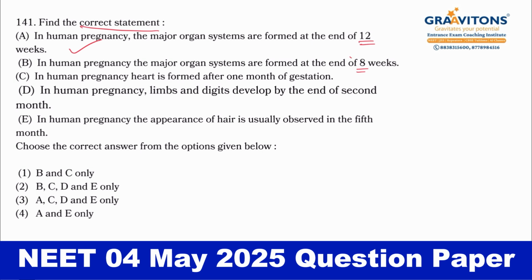The first one is wrong and the second one is correct. Statement C: in human pregnancy the heart is formed after 1 month of gestation, which is correct. Statement D: in human pregnancy limbs and digits develop by the end of the 2nd month, which is also correct. And statement E: in human pregnancy the appearance of hair is usually observed in the 5th month, which is also correct.